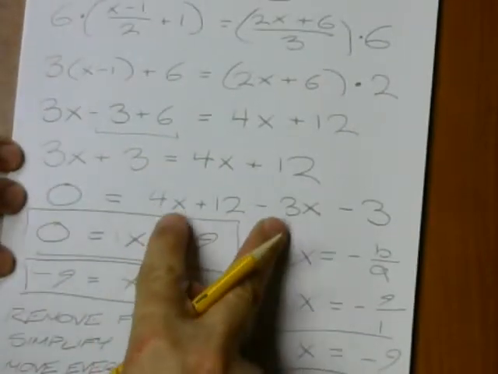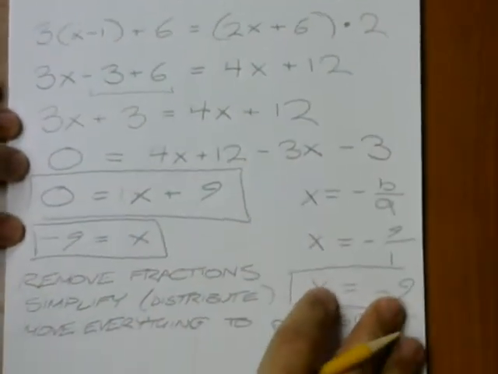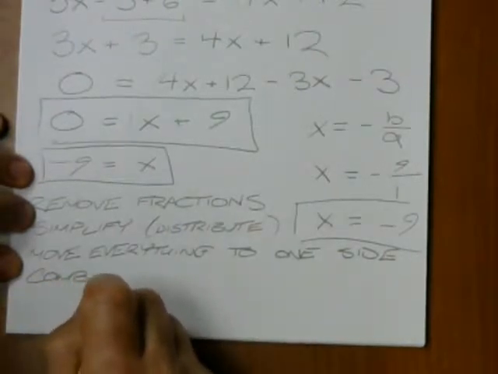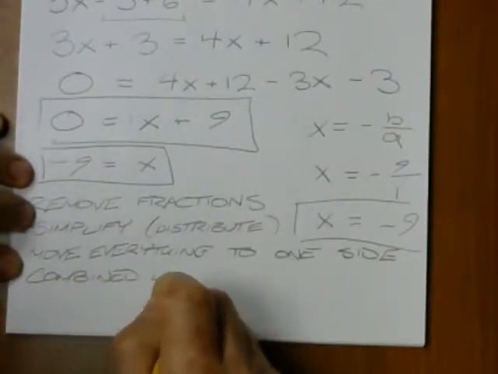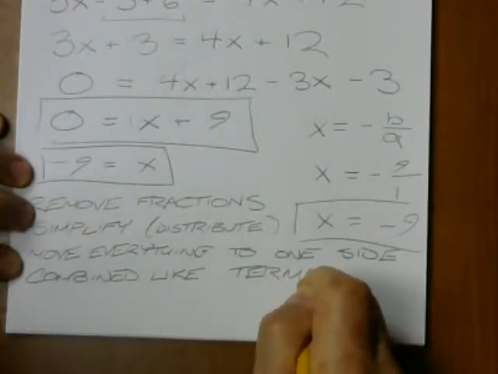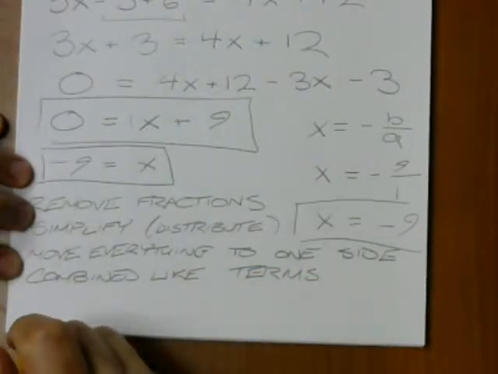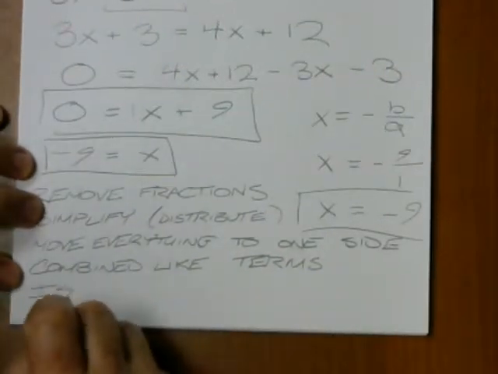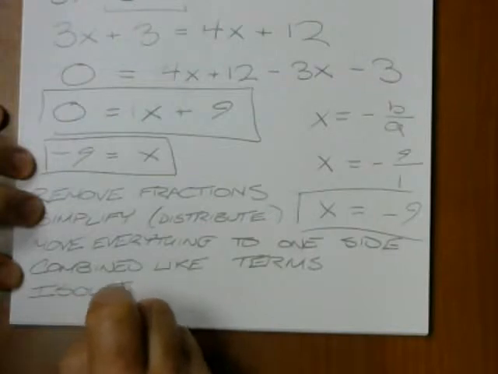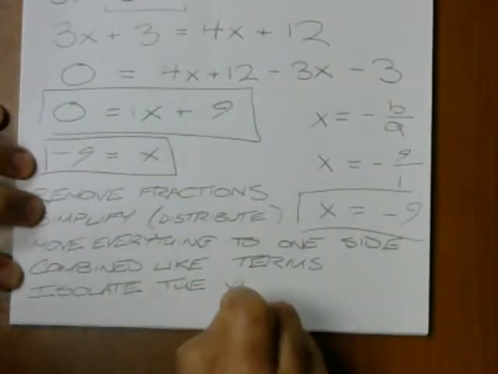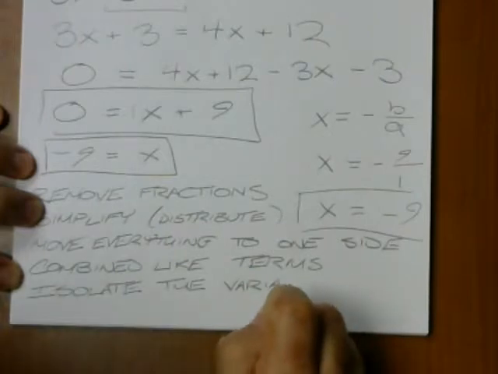We had x's and we had constants, so we combined the like terms, the x's and the constants. And then finally, we try to isolate the variable, get the x by itself. Here, the coefficient was 1, so that was not a big deal.